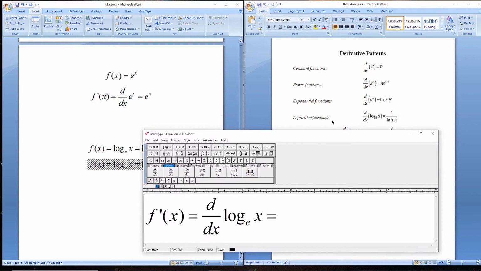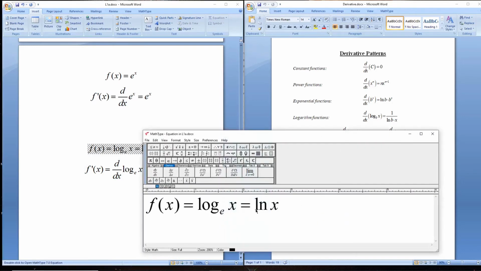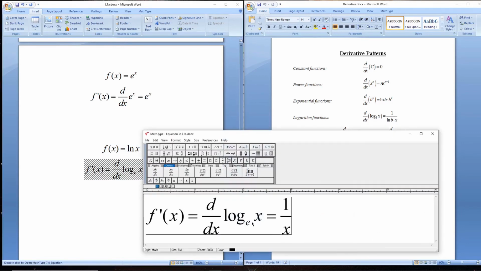So if you look at log functions, the derivative of log base b of x equals 1 over the natural log of the base, in this case it's e, times x. And what is natural log of e? It's 1. And so this is another special case. The derivative of the natural log function is 1 over x.